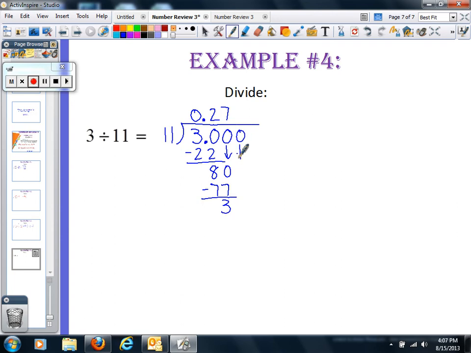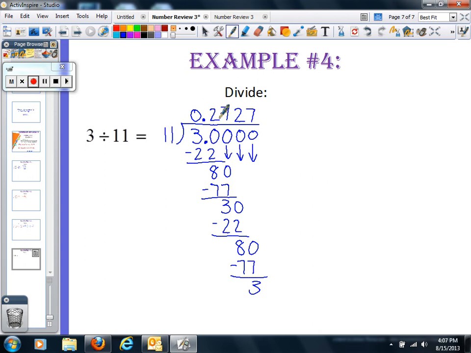Bring down a 0. And you should notice something. I've got 30 here, and that's what I started with here. So let's go ahead and do it again. This is going to be a 2. This is 22 with 8 left over. Put another 0, bring it down. This is going to be 7. 77 with a remainder of 3.